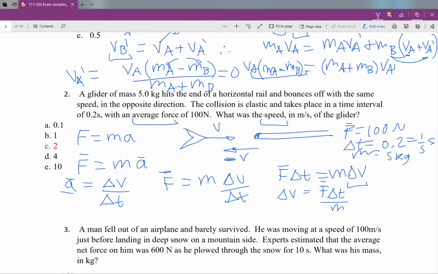V final is negative v, minus v0, which is v, so it's negative 2v, equals F delta t over m. So the speed s is just the magnitude of that, the absolute value of that expression. So it's going to be F bar times delta t divided by 2m. If you substitute the values, then you're going to get the answer.